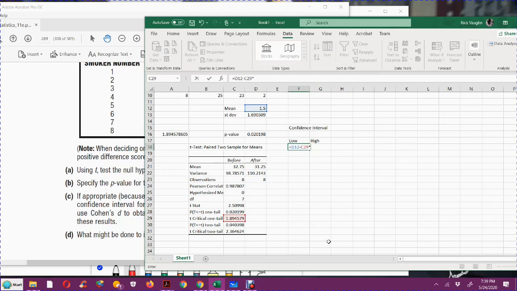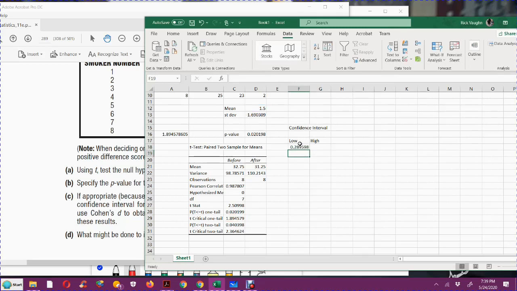And the standard error is that number that we got right here, standard deviation divided by the square root of n, actually. So I should just type standard deviation divided by square root of 7. All right, so we got the observed mean difference minus the standard error times the critical value with the minus. That should be the low end.